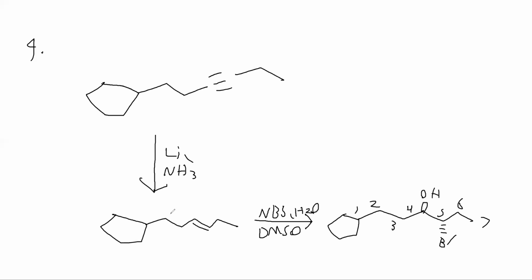So yeah, Li and NH3 reduce a triple bond, an alkyne, to a double bond, an alkene, and they do it to form a trans alkene.